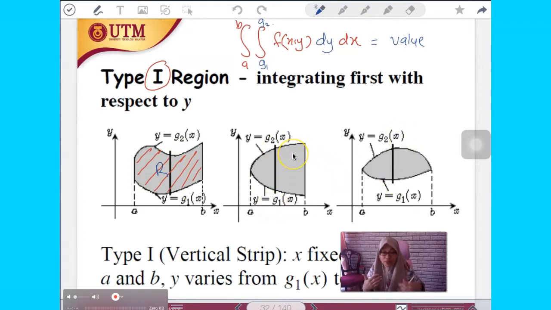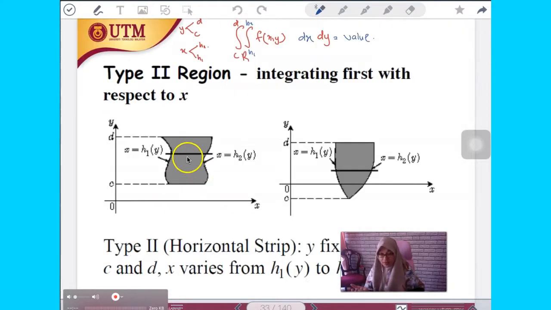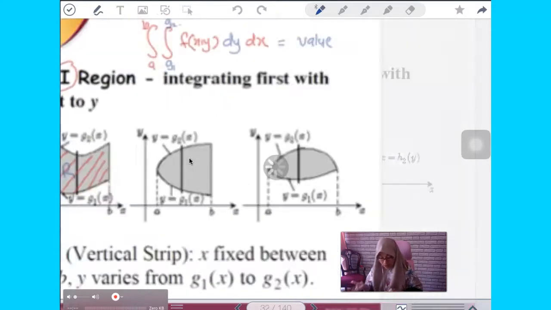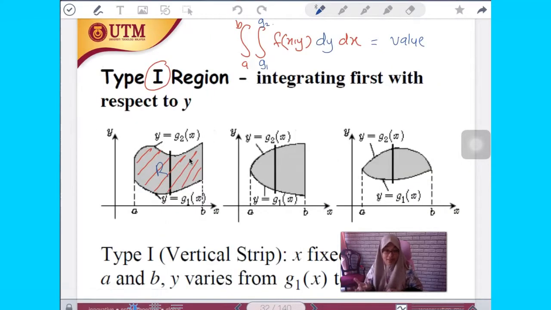Actually, in the question there is no line, just a region here. So you create the line, vertical or horizontal. You can see for the second slide, the horizontal line. There is a reason why we have to put that: because that line will guide you to determine what the lower bound and what the upper bound of x or y is.